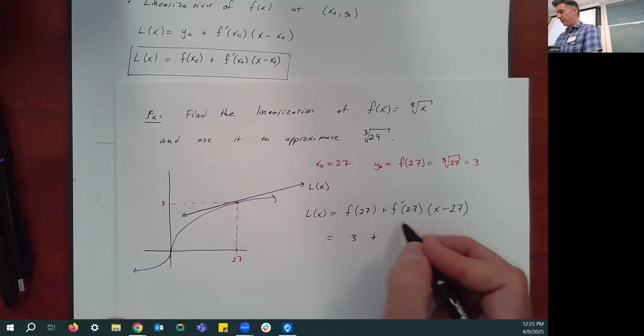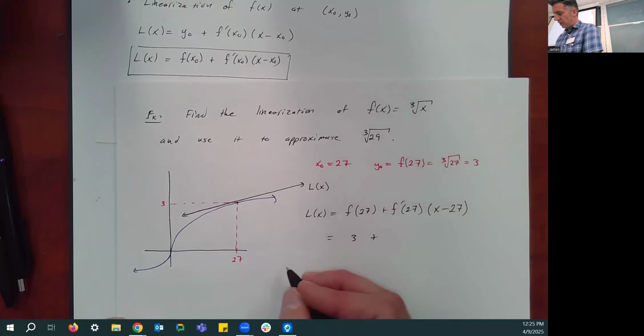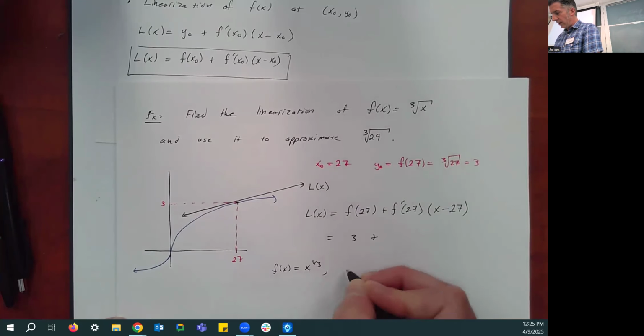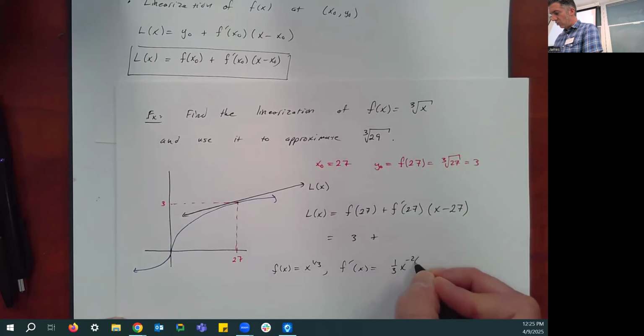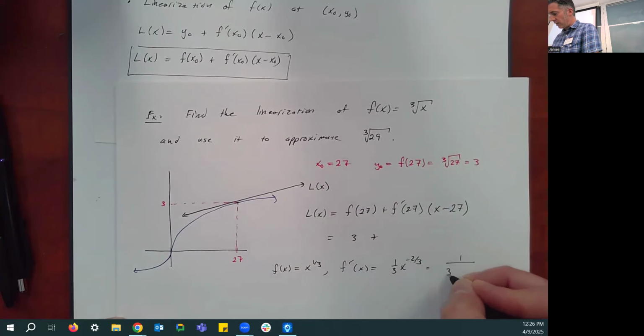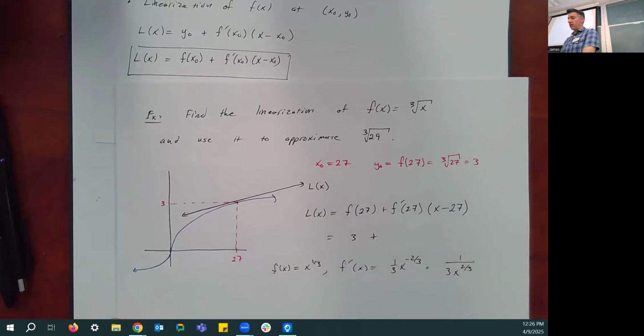but then I have to figure out what f prime of 27 is. So my function is the cube root of x, or x to the 1/3. My f prime of x is going to be 1/3 x to the negative 2/3, which I would rather write as 1/3 times x to the positive 2/3. This makes it easier to plug something in in a minute.